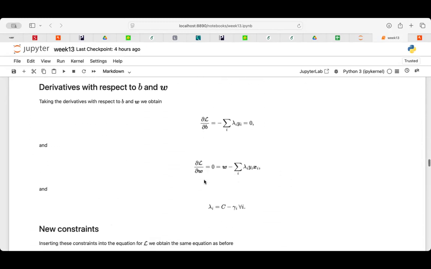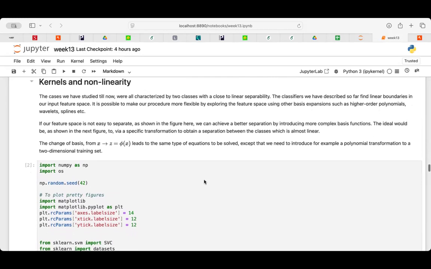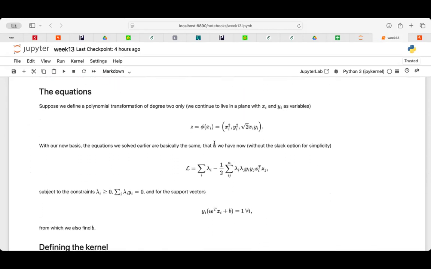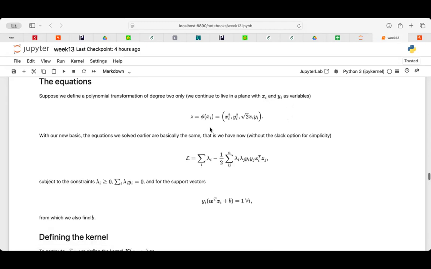And this leads to this concept of a kernel. So instead of having a standard multiplication of an x transpose with x, we could think of having a transformation. We could use a polynomial transformation of degree 2 if we want to. So you could continue to live in a plane with xi and yi as variables. So you could have something like this.